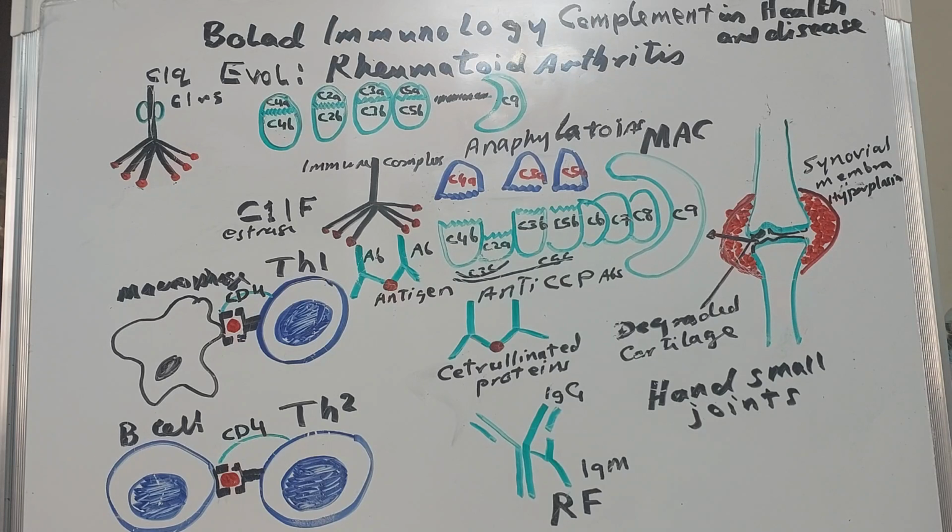And also complement, maybe C3b, binds to some receptors on the surface of cells, and actually this binding triggers inflammation, and also immune responses. One of the functions of the complement system is clearance or removal of immune complexes from the circulation.